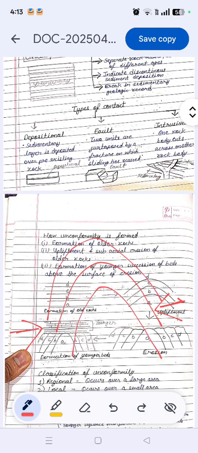Then upliftment of the older rocks. Then there will be subaerial erosion of this. So it will be formed like this.